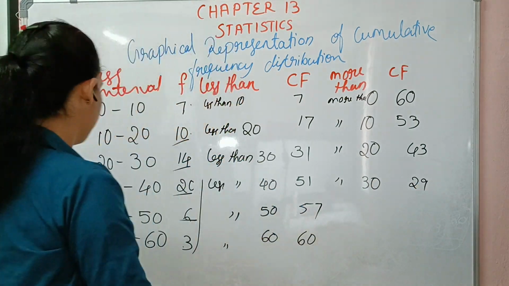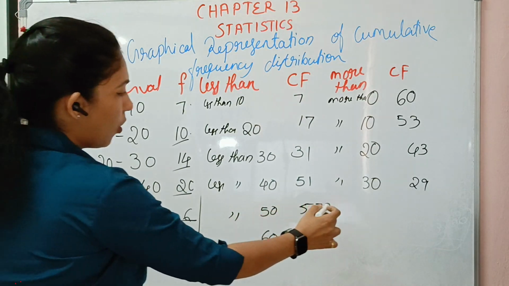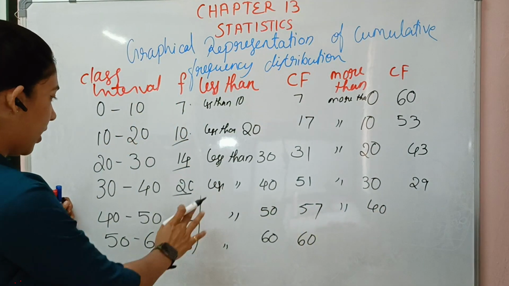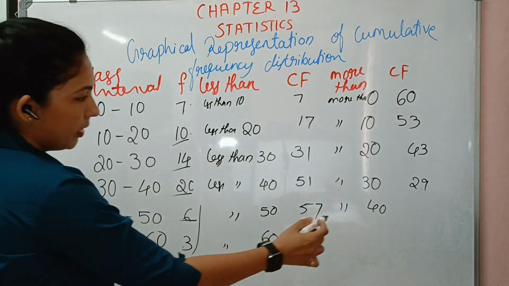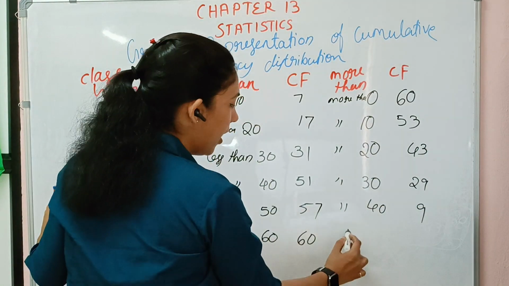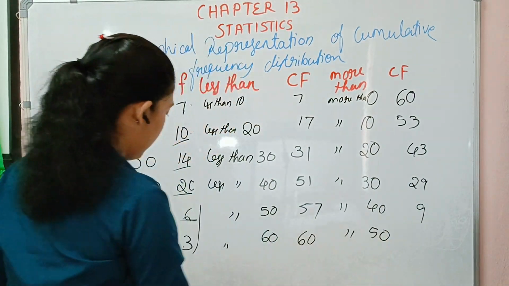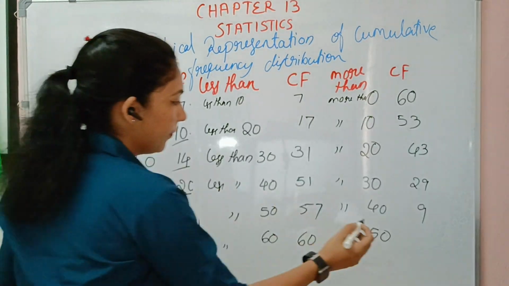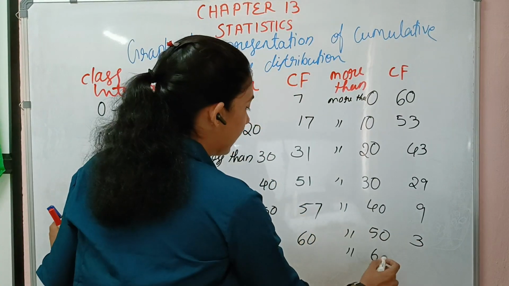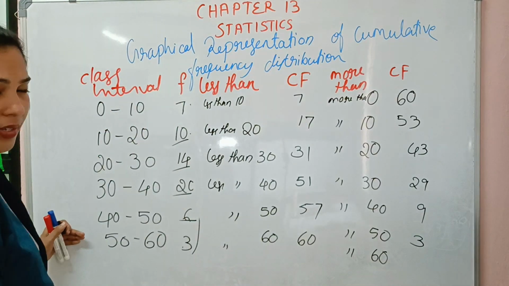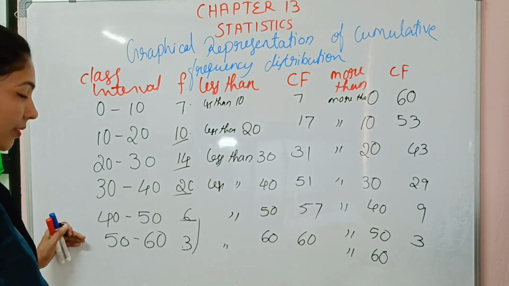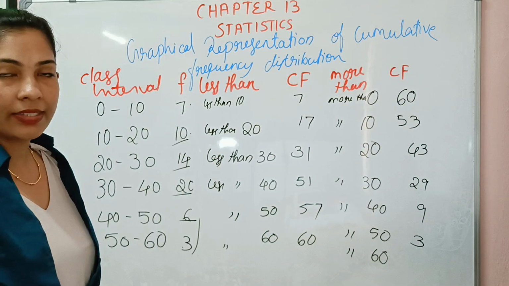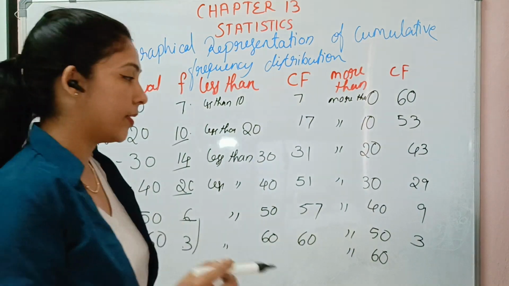Now, more than 40. We consider these two numbers, 6 plus 3, 9. And more than 50. Between 50 and 60, 3 values are there, which means 3. And more than 60, how many values are there? It's 0, because the interval ends with 50 to 60.